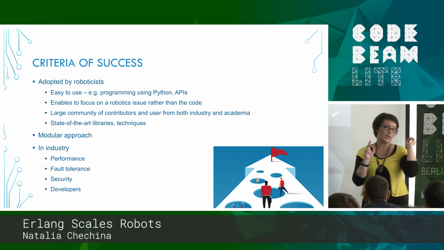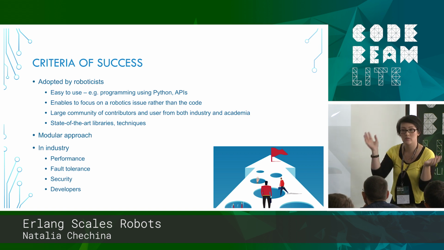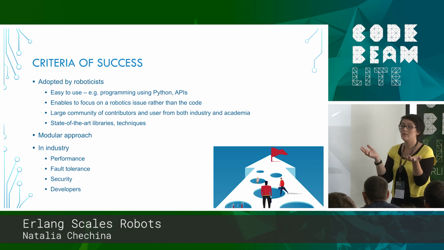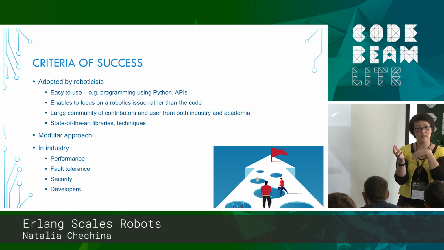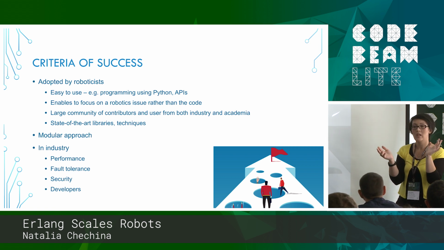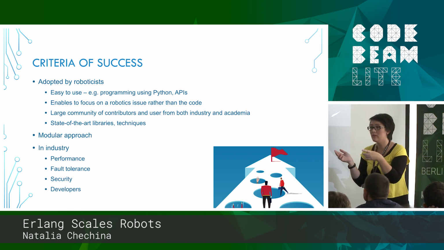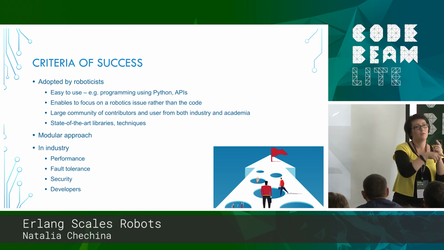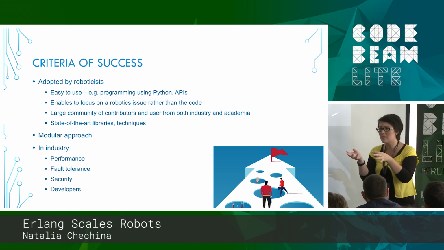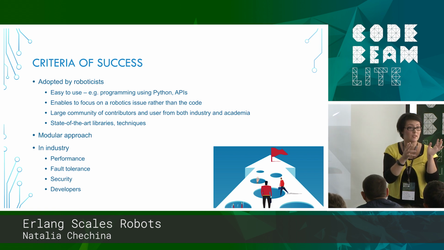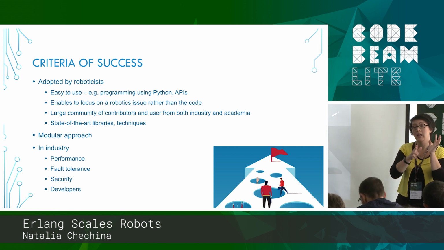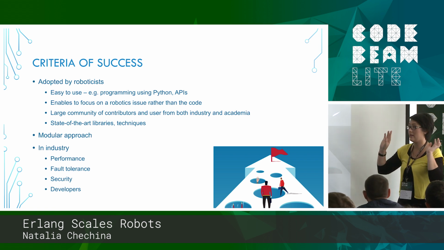But he was the only computer scientist in the group, and the rest were chemists. They were not at all interested in Erlang and learning the language. So in the end, even though the Python version was slow and didn't do what it was meant to do, they still stuck to it. Because it's Python, it's simple, and they don't need to worry about anything.